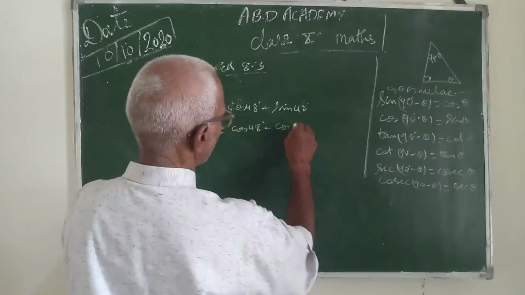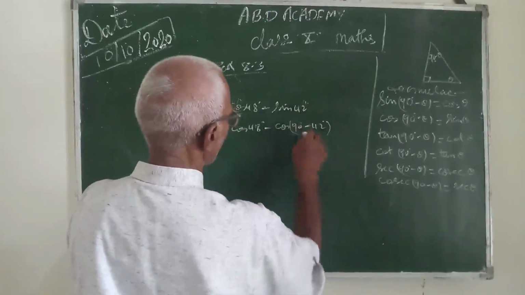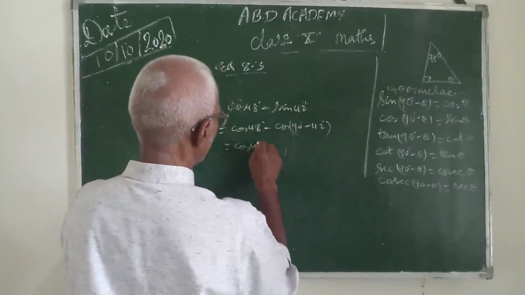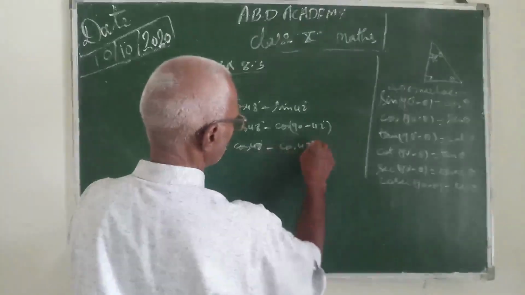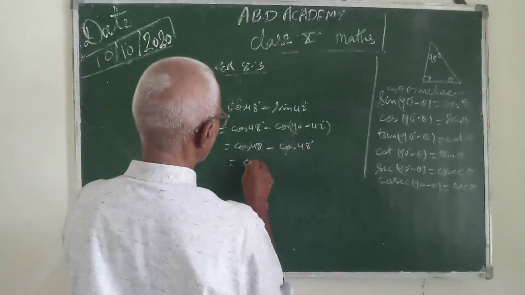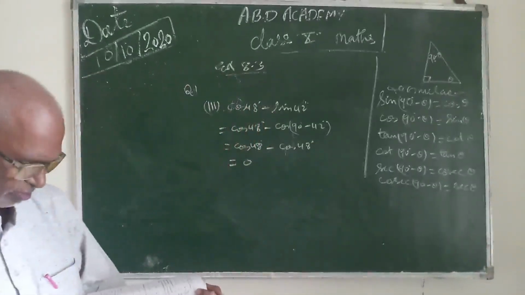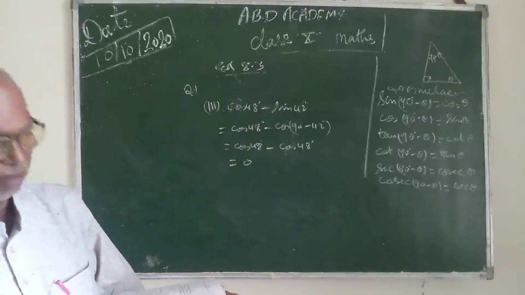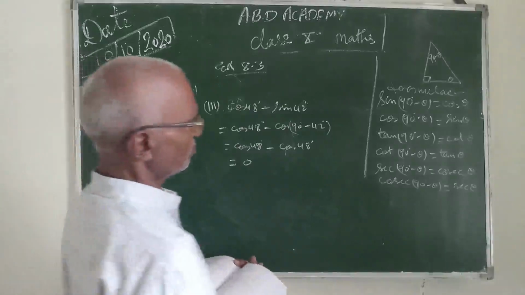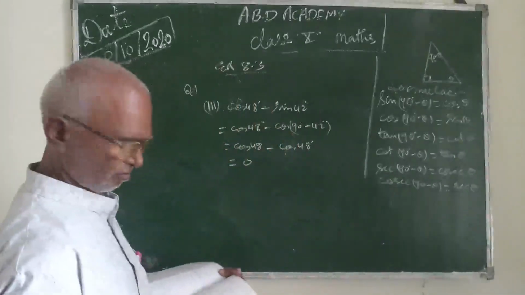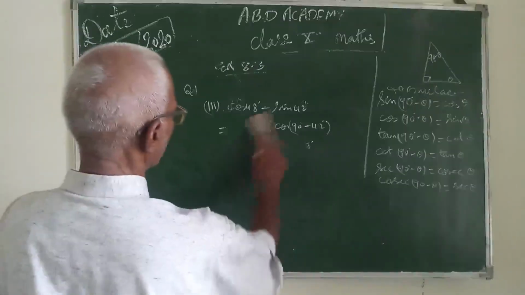So you write cos of 90 degree minus 42 degree. So it is cos 48 degree minus cos 48 degree. Both are subtracted and the result is 0. Similarly, the fourth part also. Cosec and sec are given. Use that formula, write any value and you will get the value. That is question number 1.